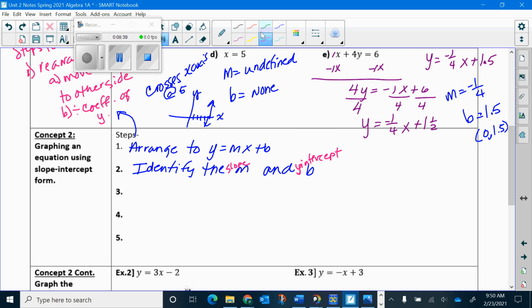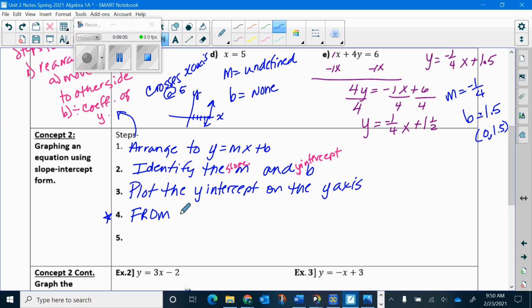Then I need you to plot the y-intercept on the y-axis. Now this next step is like the biggie. Okay, so this is the next point. After you've plotted that y-intercept, then from that point, use slope.